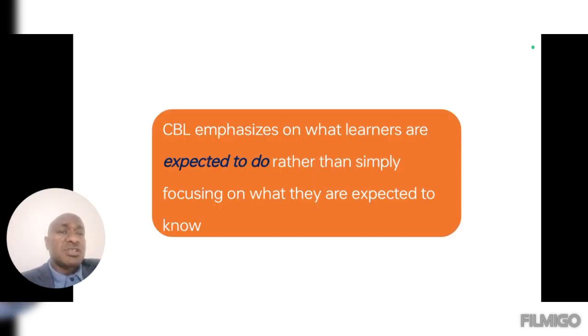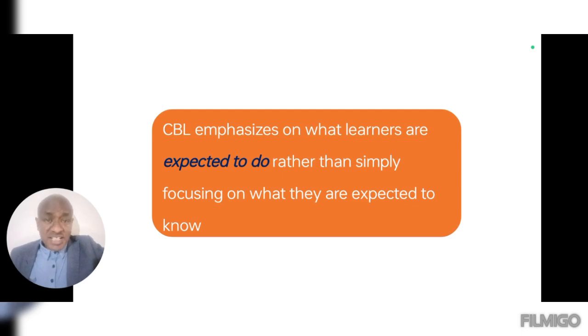Another issue is competence-based learning emphasizes what learners are expected to do rather than simply focusing on what they are expected to know. Of course, knowledge is vitally important, but the knowledge that is going to be acquired by a student is in order to make use of it, to practice it, say, in a workplace.